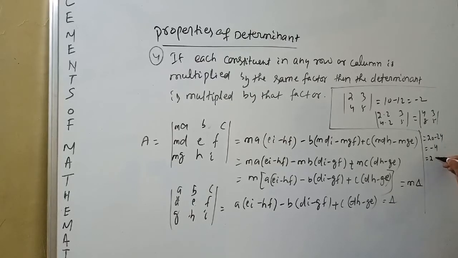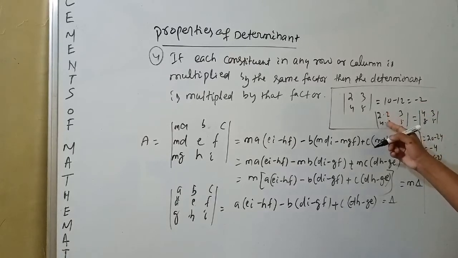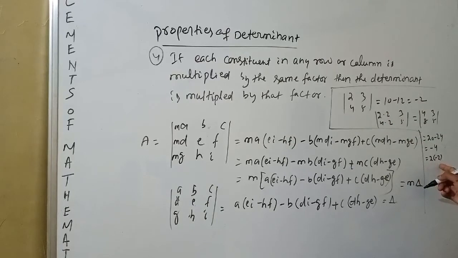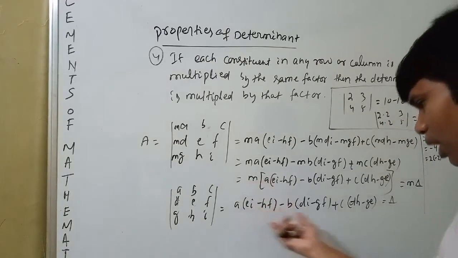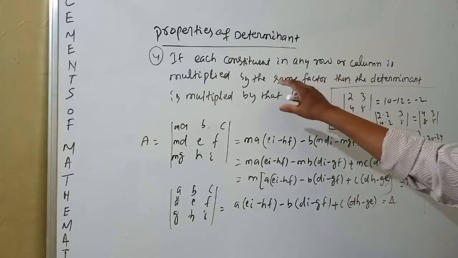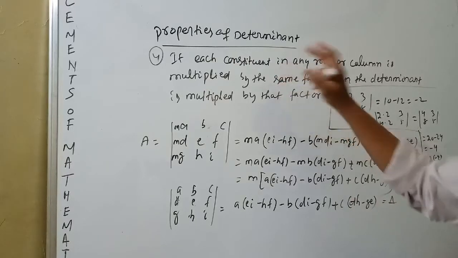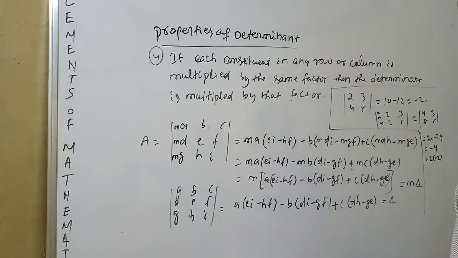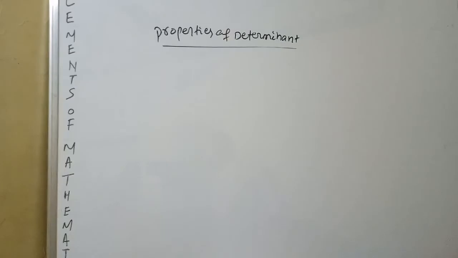That means 2 into minus 2. You see, here it is minus 2, and here 2 into minus 2. You have multiplied with 2, so that is 2 times the determinant. Here also it is m times the determinant. This is your fourth property. We just have to know by how much you have multiplied, and the determinant is multiplied by the same factor.